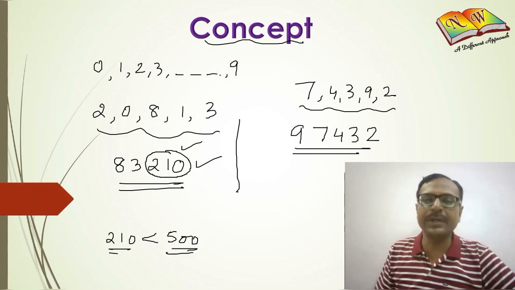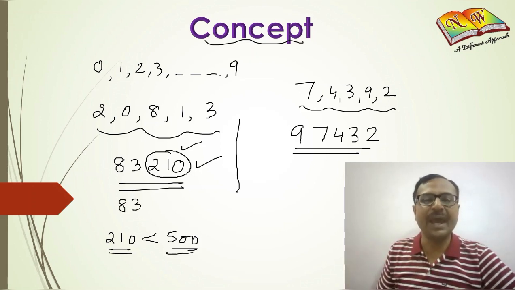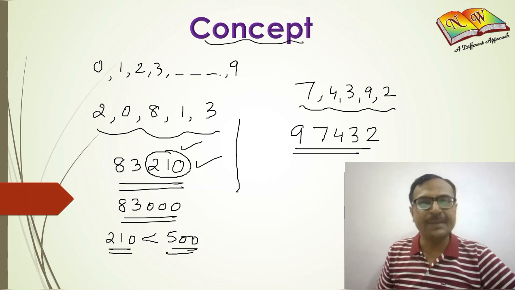In this case, 210 is smaller than 500. So 83, the number before 210, does not change, and the rest of it becomes 0, 0 and 0. So 83,000 is the nearest thousand of 83,210.